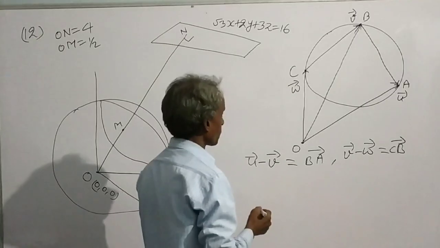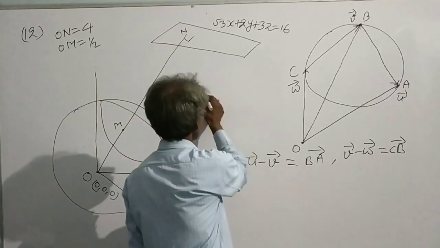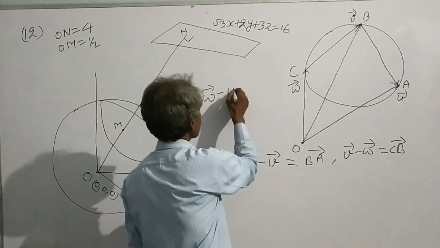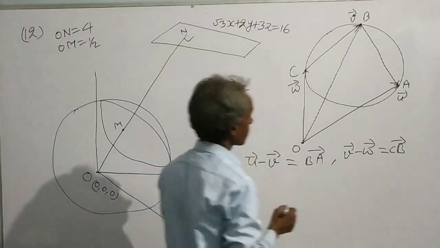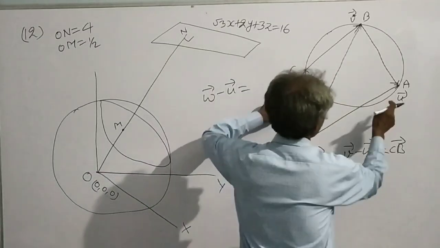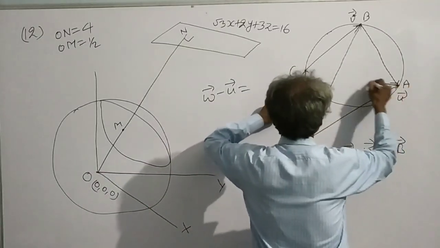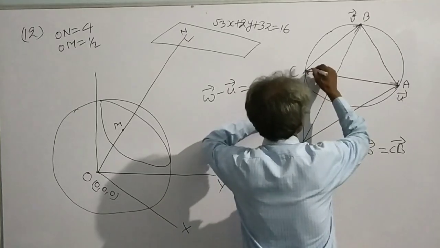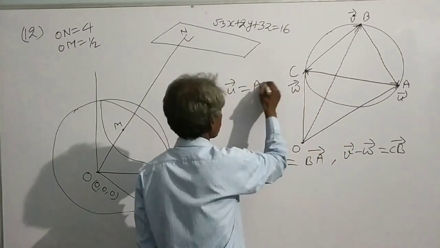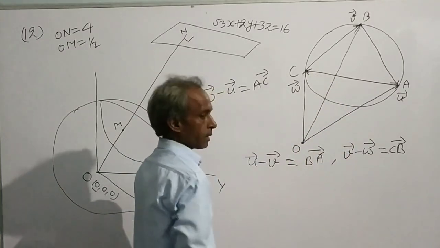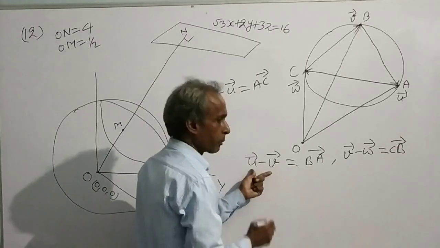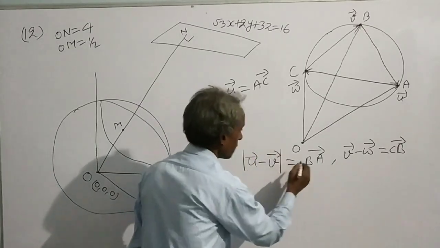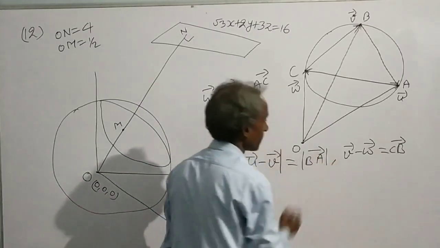And W minus U is the vector AC. Therefore, mod of U minus V will be equal to mod of BA.